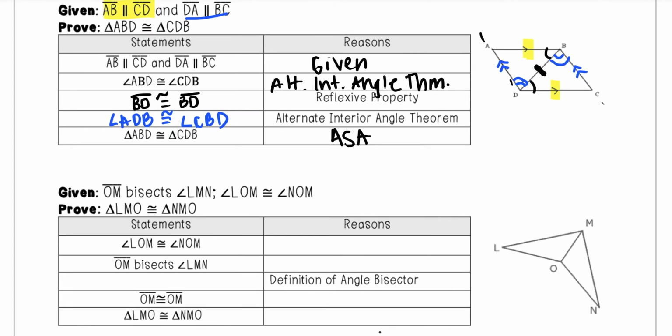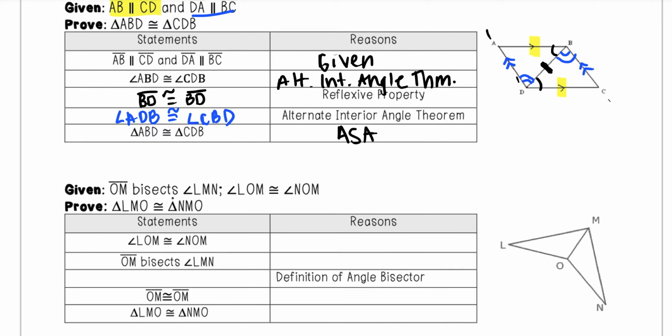In our next proof, we have that the segment OM is bisecting the angle LMN. LMN is this whole angle right here. If OM is bisecting it, remember that that cuts this angle into two congruent pieces. So that would mean that LMO, that angle, and angle NMO would have to be congruent to each other.